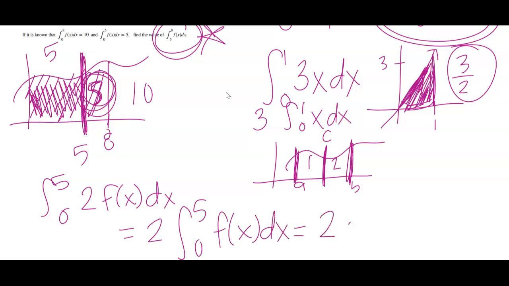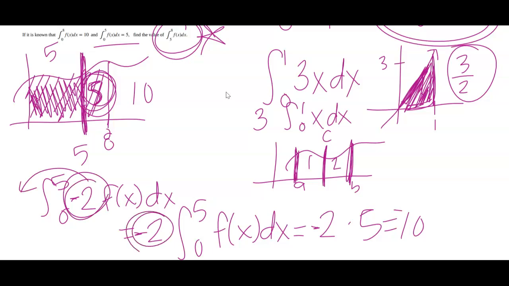So that would be 2 times 5, which gives me 10. If there was a negative on the inside, that negative just pulls to the outside, negative here, negative 10. So anytime you have that constant multiple, most of the time we'll go ahead and take that out because it's just easier to evaluate that function without it in there.